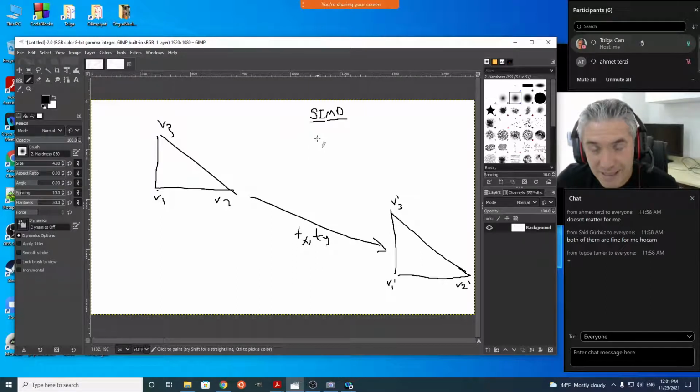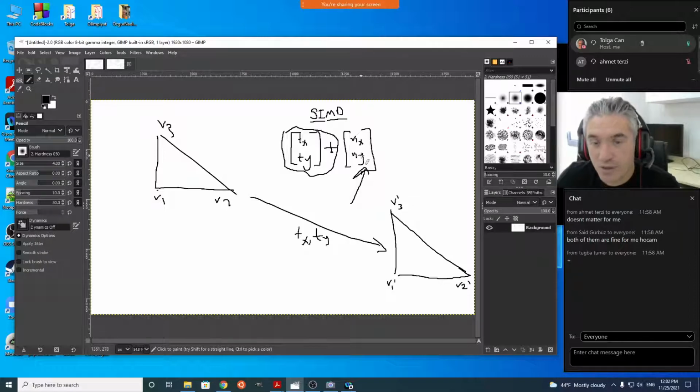For example, with tx and ty, we can form this instruction. Our instruction may be this column vector, which has to be added to all of the vertices one by one, v1x, v1y, like this. So this is our single instruction. If you change this part to v2x, v2y, you get v2 prime.